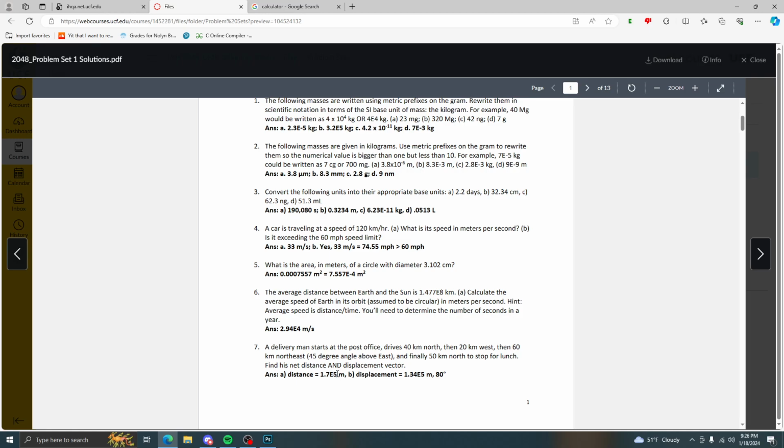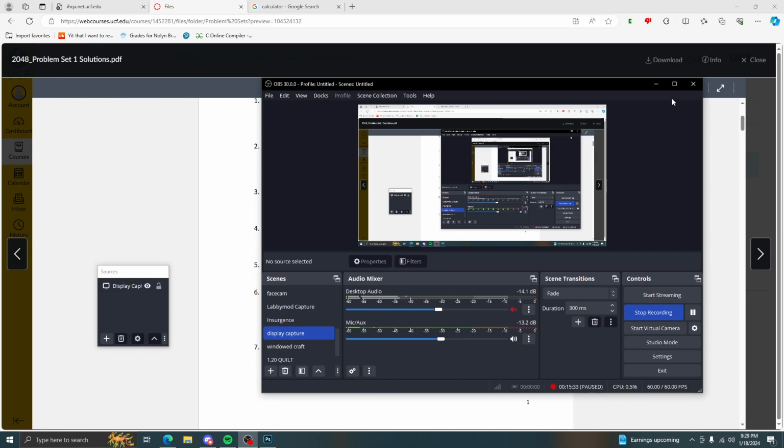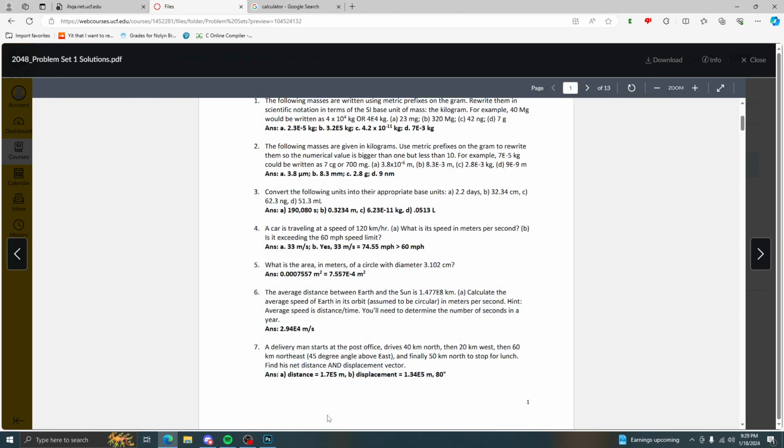And then finally, it wants the total distance traveled. To do that, for distance, you just want to add all the 40 plus 20 plus 60 plus 50, and that would be the total distance that they traveled.